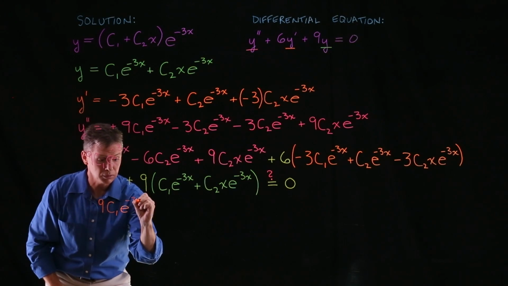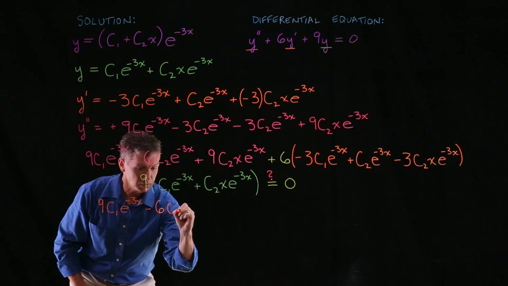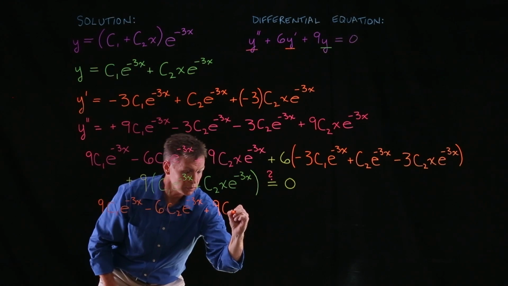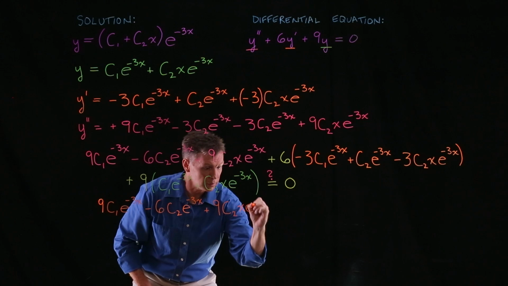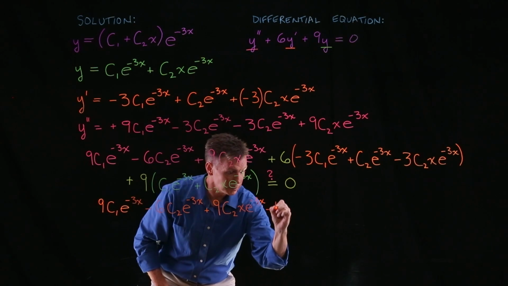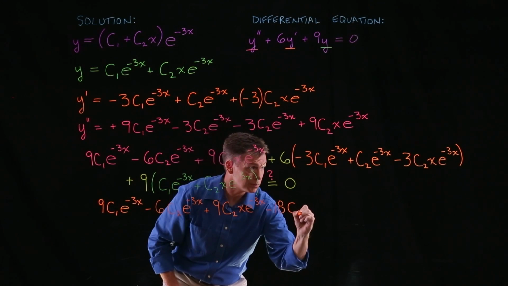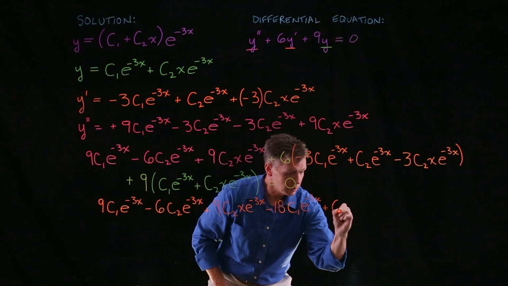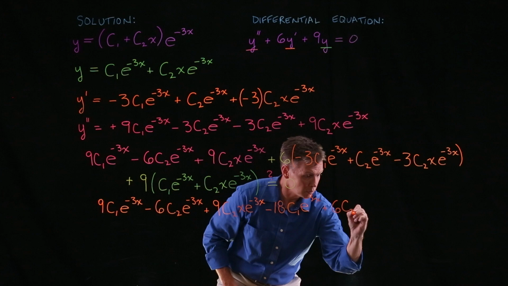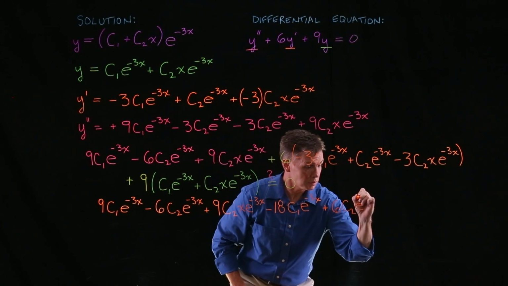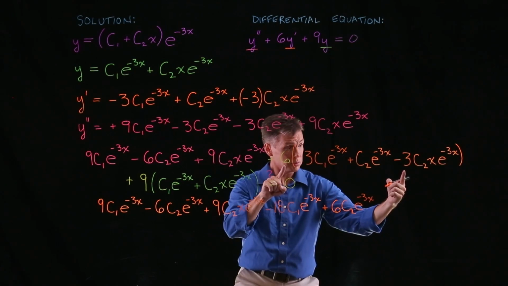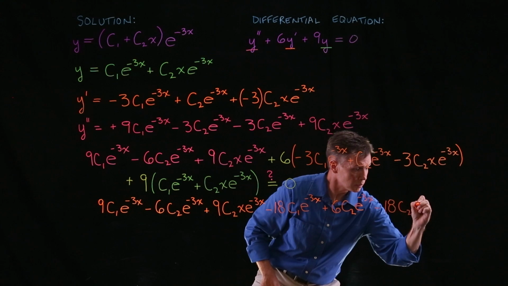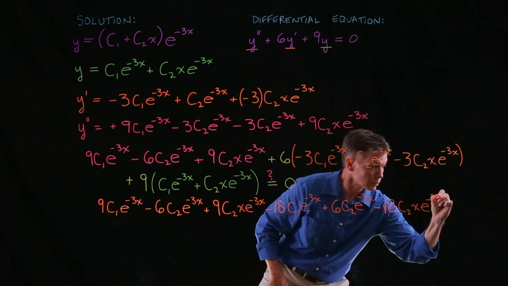9c1 e minus 3x minus 6 c2 e minus 3x plus 9 c2 x e raised to the minus 3x minus 18 c1 e raised to the minus 3x, distributing through the 6, plus 6 c2 e raised to the minus 3x, distributing through the 6 still, minus 18 c sub 2 x e minus 3x.